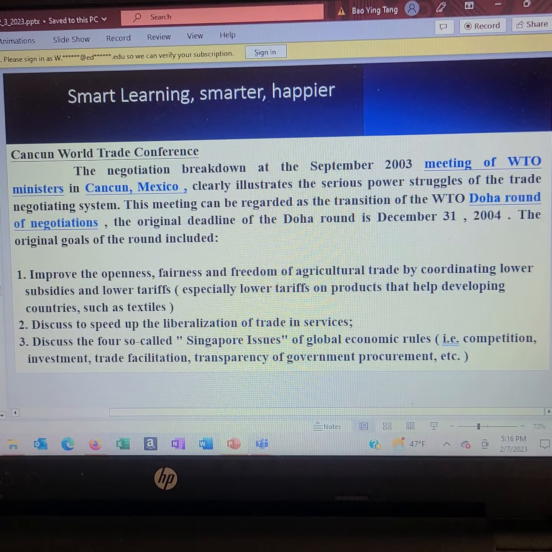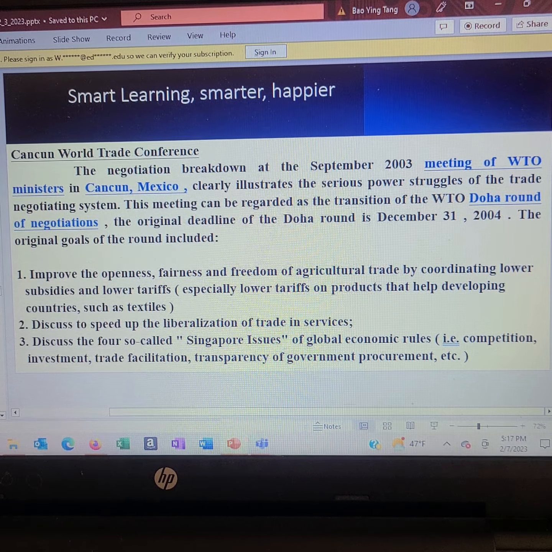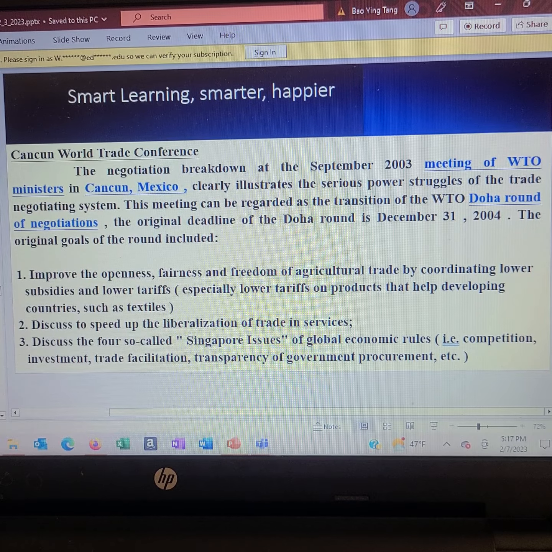Second, discuss how to speed up the liberalization of trade in services. Third, discuss the 4 so-called Singapore issues of global economic rules: competition, investment, trade facilitation, and transparency of government procurement.